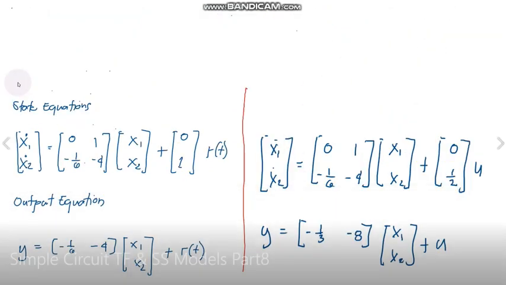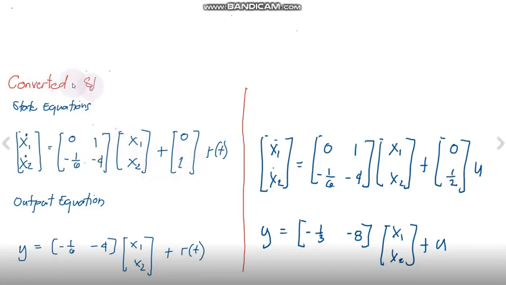Once more, here is our converted transfer function. And take note, for the one converted from transfer function to state space, we have here 1 and then -6, -4. Those are the differences as compared to the derived state space equations.